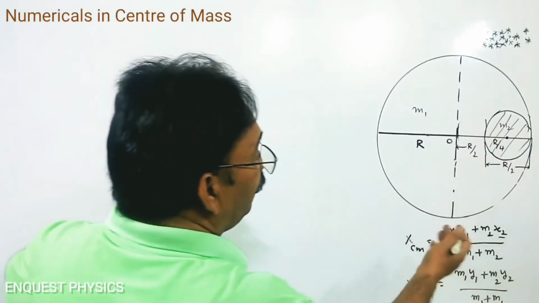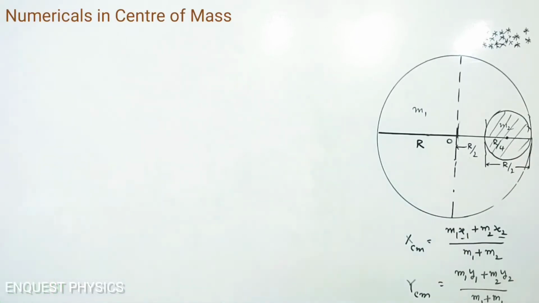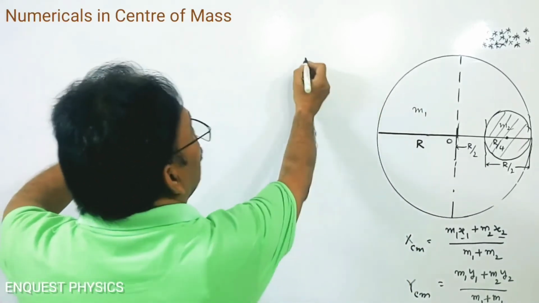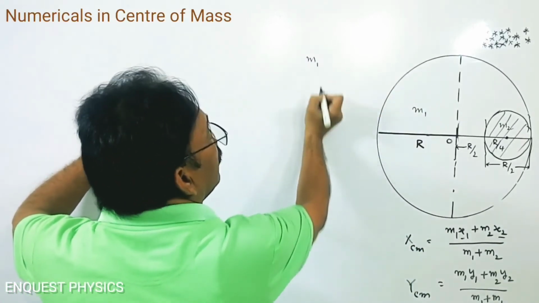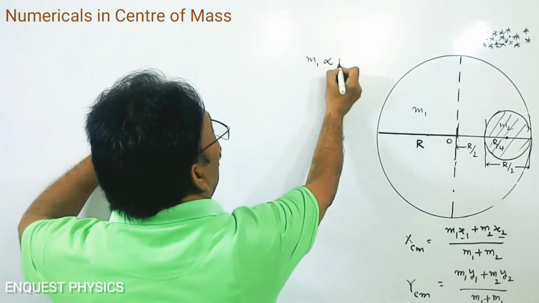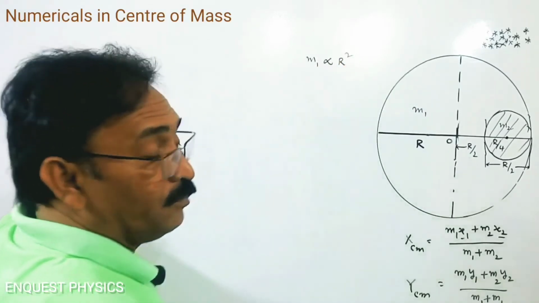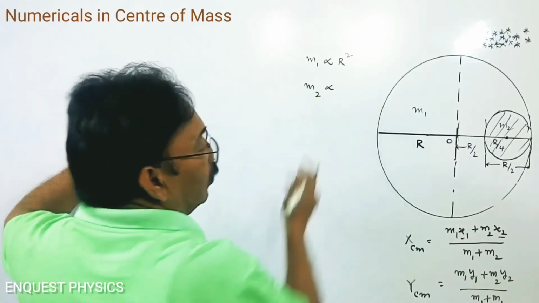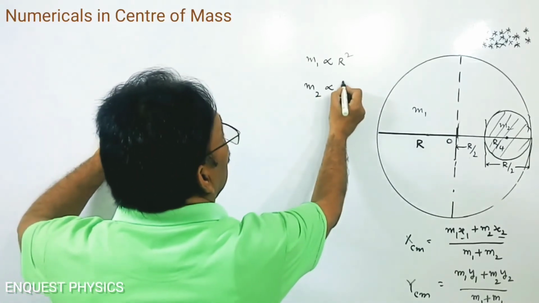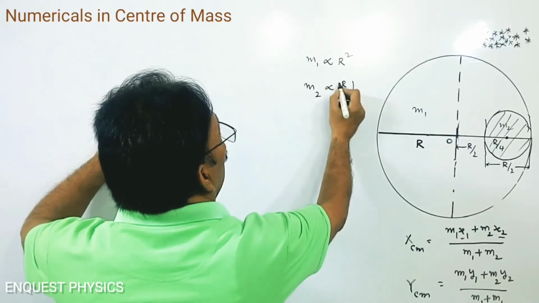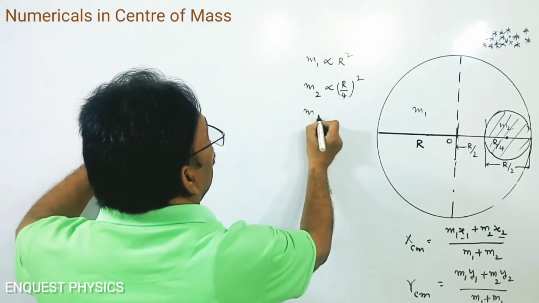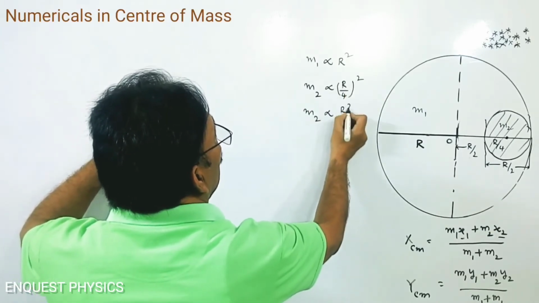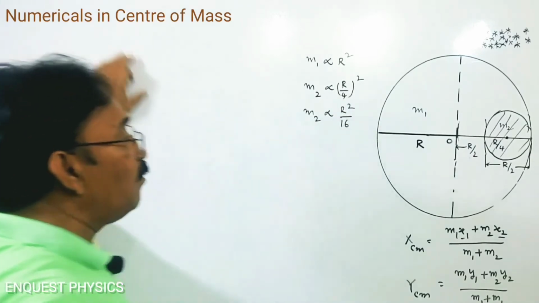First we follow the same procedure as before. First we have to find the masses. m1 is proportional to r squared. Then we find m2, that is (r by 4) whole squared. m2 is proportional to r squared by 16, students.